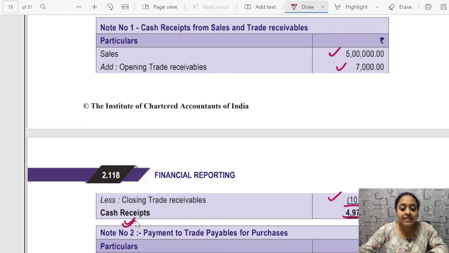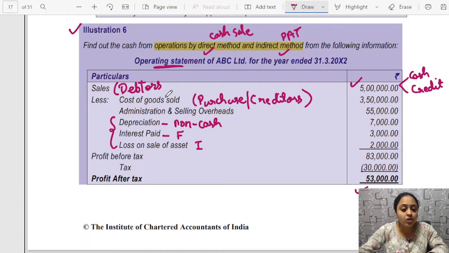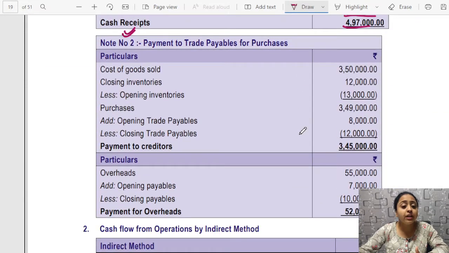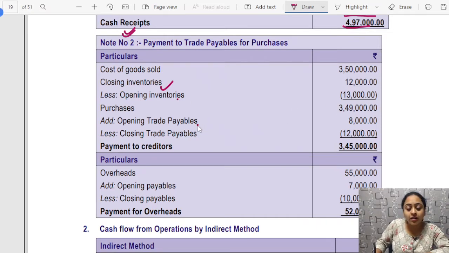Next, if we talk about cost of goods sold, you have to adjust the purchases and the creditors, that means trade payables, to take out the cash purchases. Here you will include the closing inventories less opening inventories. This is the purchase, and then you adjust the opening and closing trade payables.